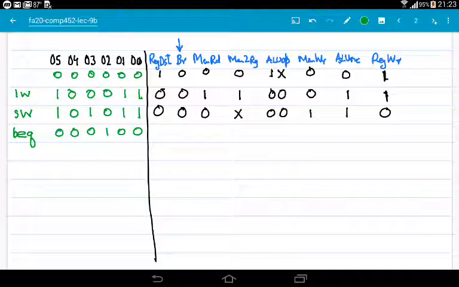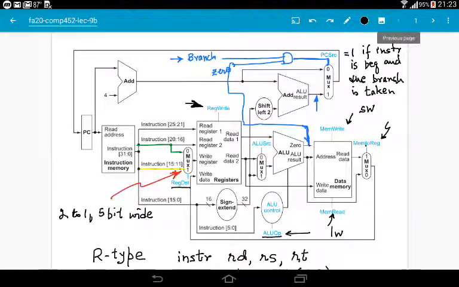Now in branch if equal instruction, this regdst, let's go back to black color. This regdst is do not care because nothing is going to get written to the register.